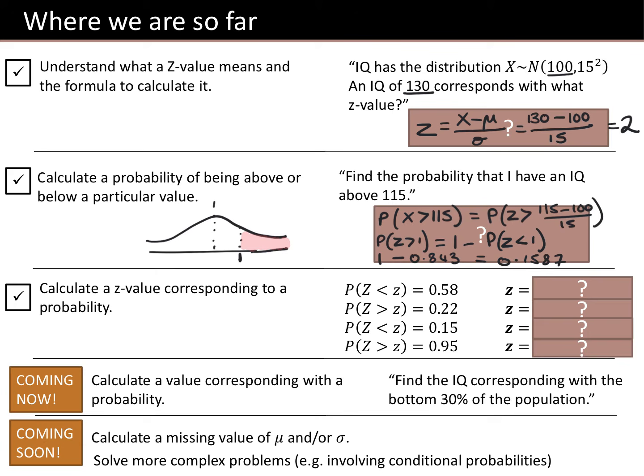Now we calculate a z value corresponding to a probability. For example, the probability of z being less than z is 0.58. So what do I do? I look on here for 0.58, and when I'm trying to find my z, I look at this column, the second column. Everyone have a look down here and look for 0.58.